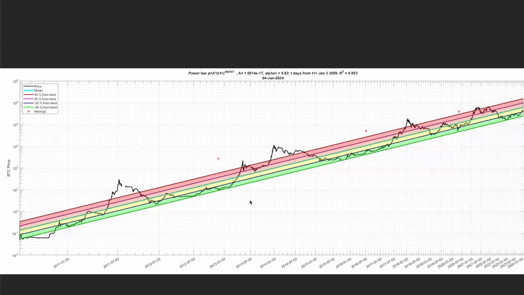Now we see Bitcoin in a log-log scale, and that means that on both axes, for the price and the time, the values are displayed logarithmically. And the interesting thing about this, you can see Bitcoin follows a straight line to the upside.